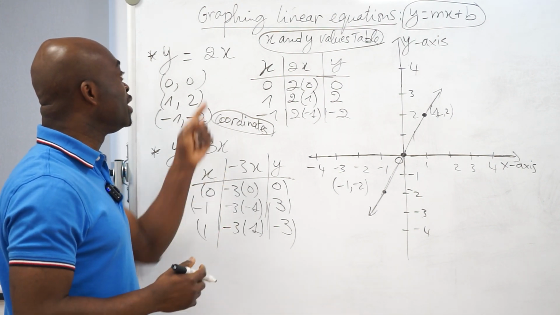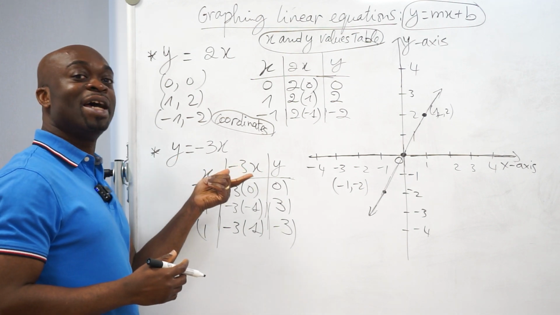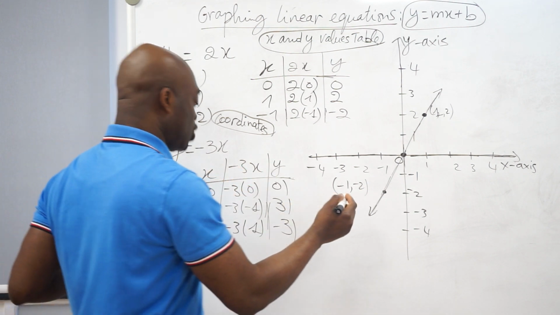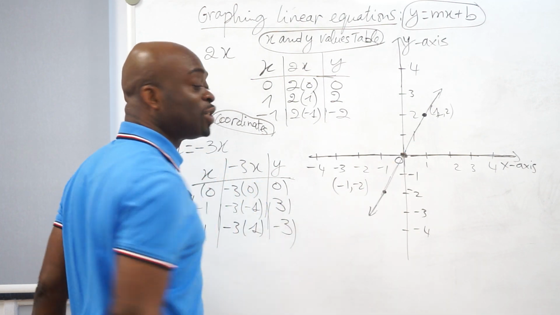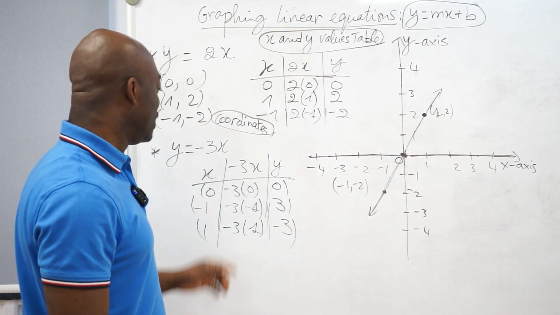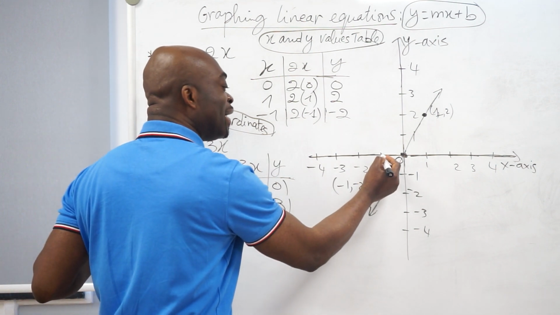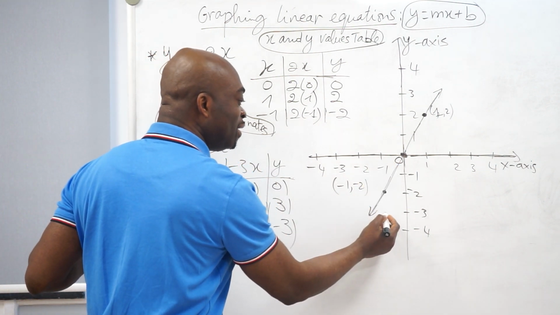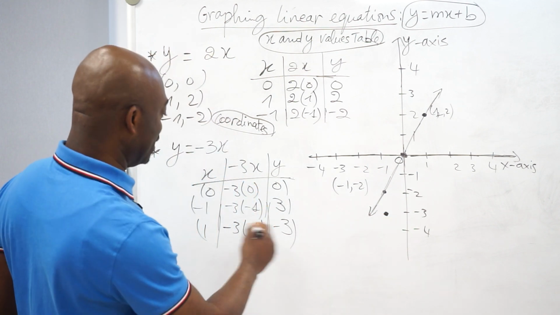So the difference between this one is that you have positive 2x, and now this one is negative 3x. So then we go ahead, so it's 0, 0, which is our first point, okay? And then negative 1, positive 3, I'm sorry.